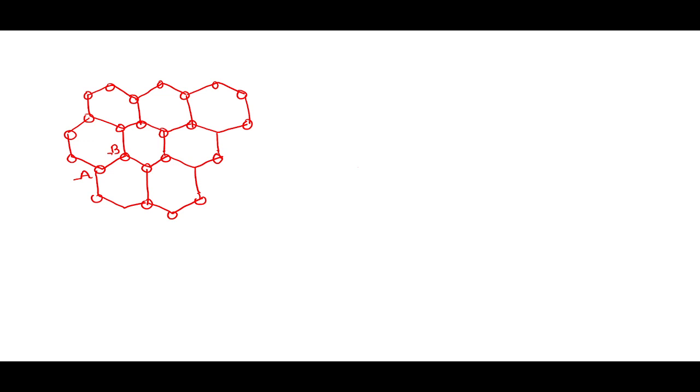Can you understand? If you consider this A point, in this direction, at the middle you don't have any atom. But along this a naught direction, this B type of atom has an atom. So all the atoms don't have identical environments. That's why it is not a primitive lattice.